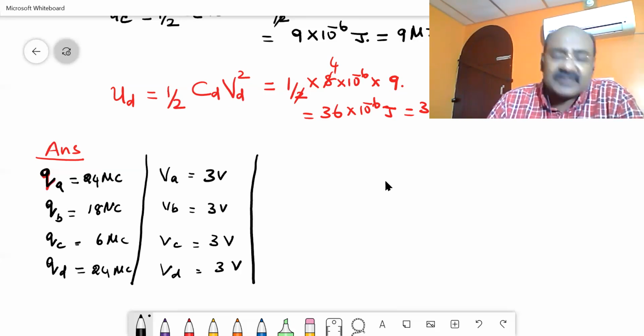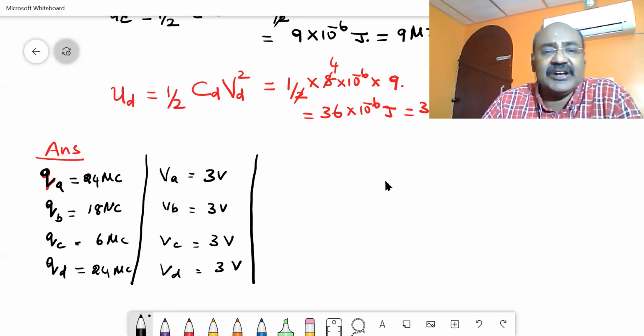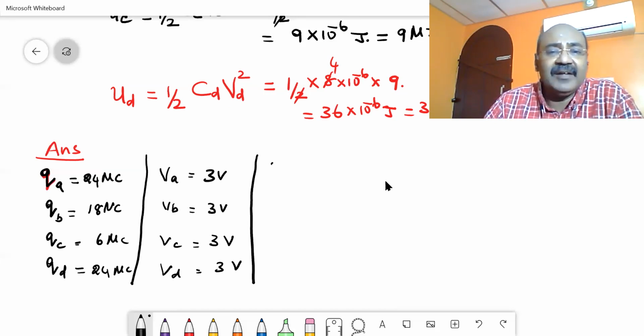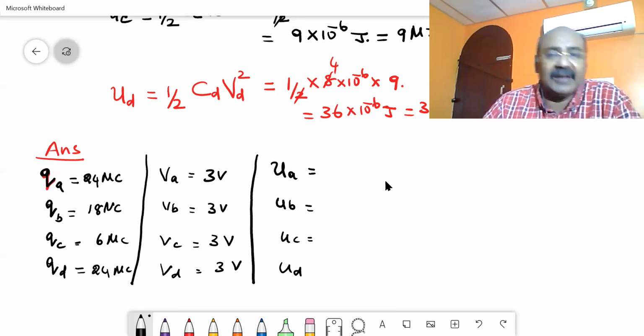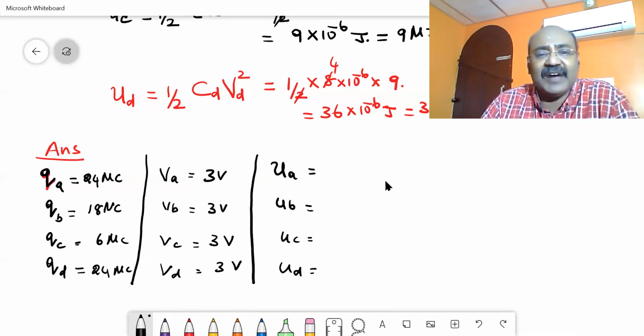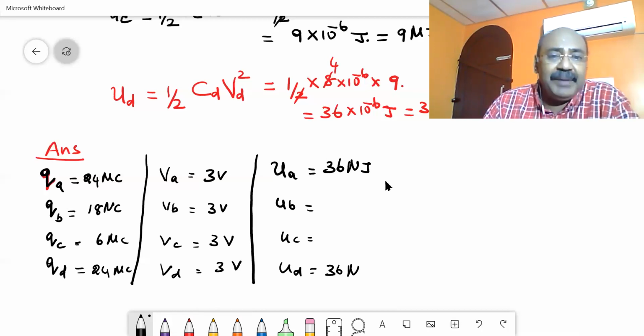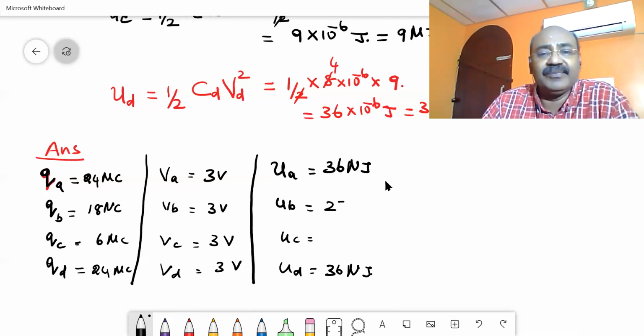Then for potential energy, epsilon A, epsilon B, epsilon C, and epsilon D. Epsilon A and epsilon D are equal, both are of the same value, 36 microjoule. Epsilon B is 27 microjoule, and epsilon C is 9 microjoule.